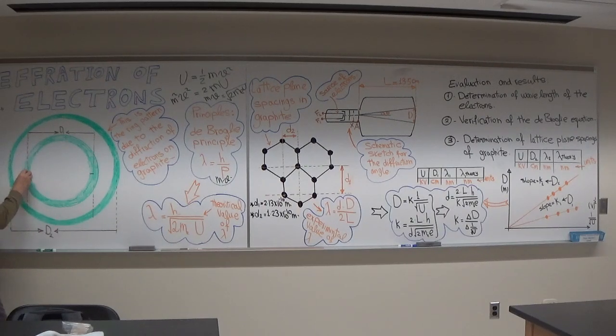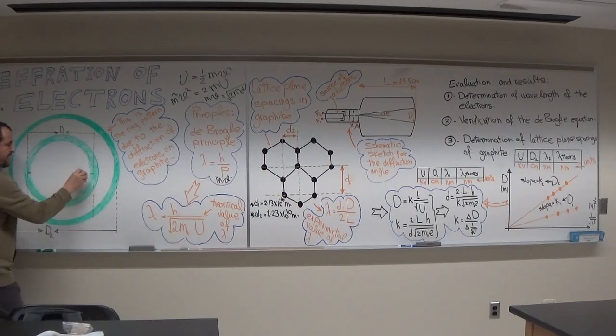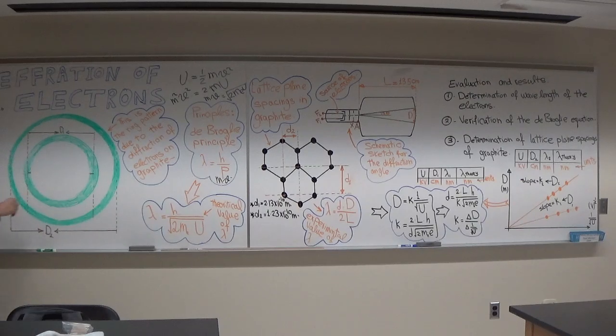So when you do that, you will have a value that can be added here and can be added here to the inner diameter. So when you measure the inner diameter and you measure the outer diameter, that will give you 2 of these distances.